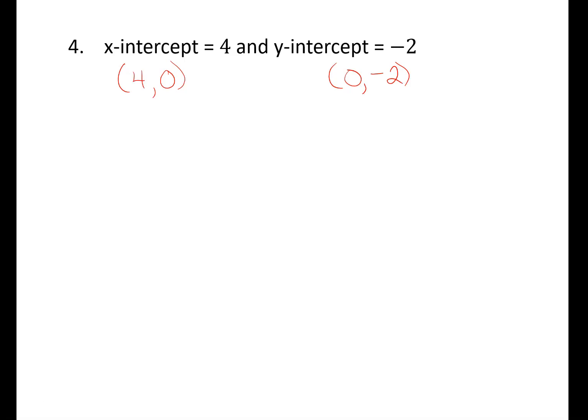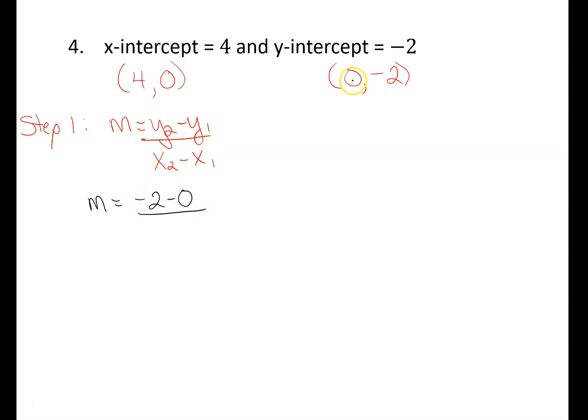Okay, so if we have 2 points, we need to first find the slope. The slope was not given, so that's step 1 again. Slope: m equals y2 minus y1 over x2 minus x1. That's going to be, start with my second y, -2 minus 0, over 0 minus 4.